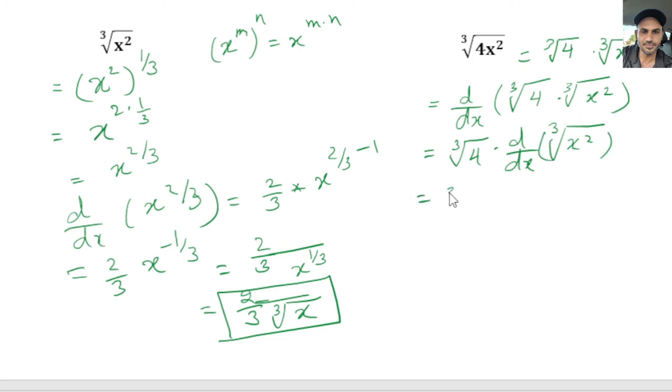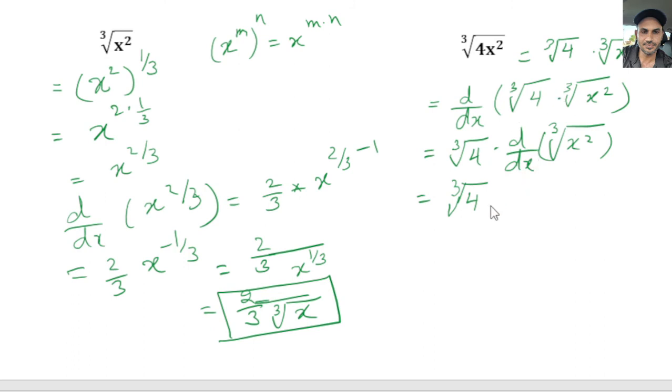Now I have to simplify this a little further. This is a cube root of 4. Let me just write it a little better. It's not a coefficient, it's a cube root of 4.